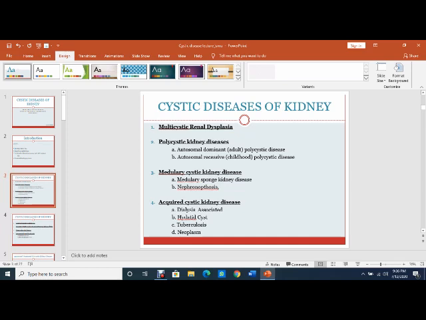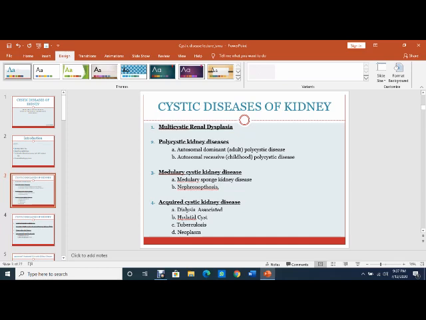There are two types of polycystic kidney disease: autosomal dominant polycystic kidney disease, and autosomal recessive, which is also called childhood polycystic disease. Third is medullary cystic kidney disease, because it can arise from the medulla, also called medullary sponge kidney.